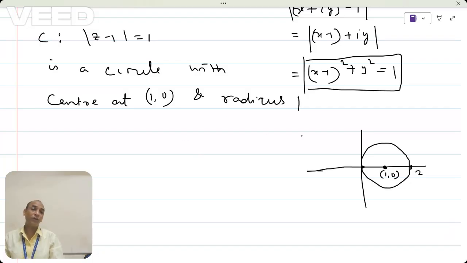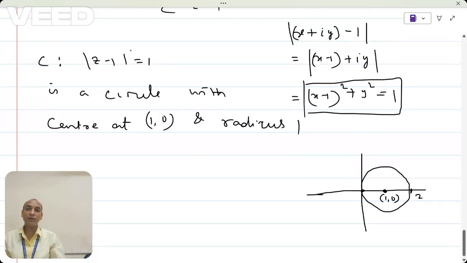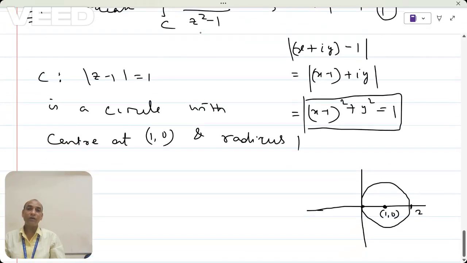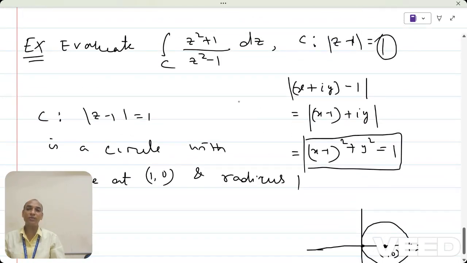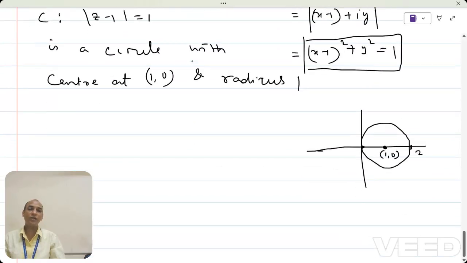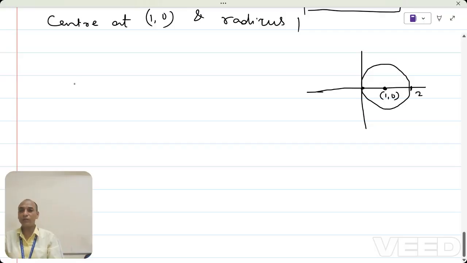Now whatever integral we are going to evaluate, we need to check whether the point is lying inside the circle. Here the original equation is not in the form of z minus a, so we have to make it into that form.